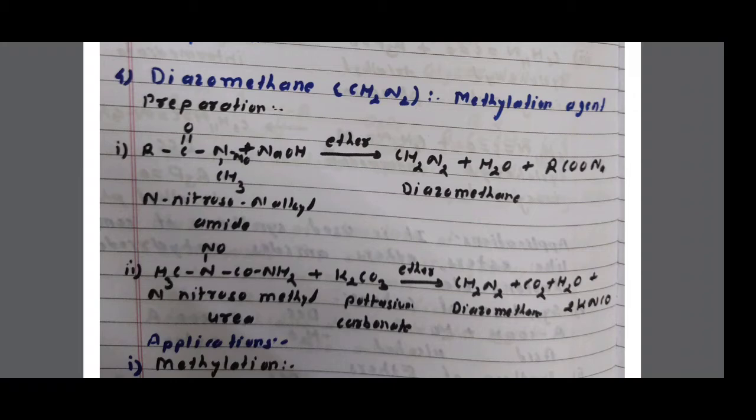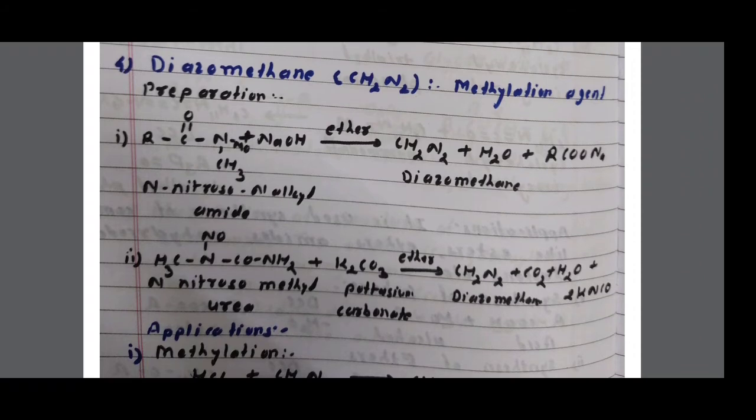The most convenient method uses N-nitroso, N-methyl amide. Here I am showing the reaction: N-nitroso, N-methyl amide in ether solvent forms diazomethane CH2N2 plus water plus RCONa.